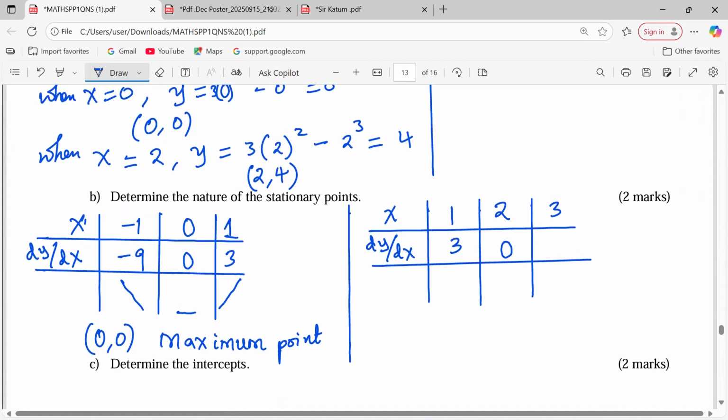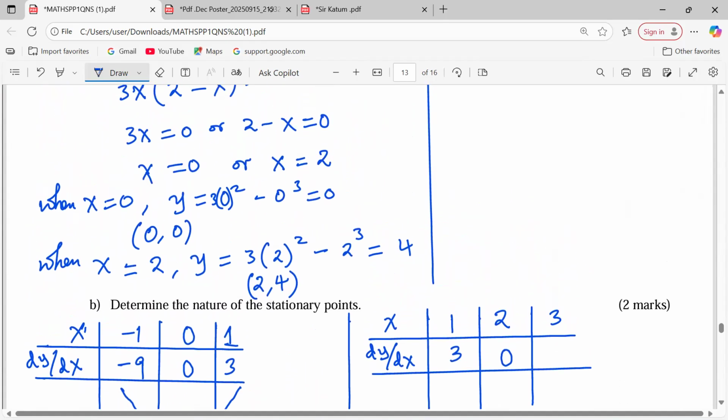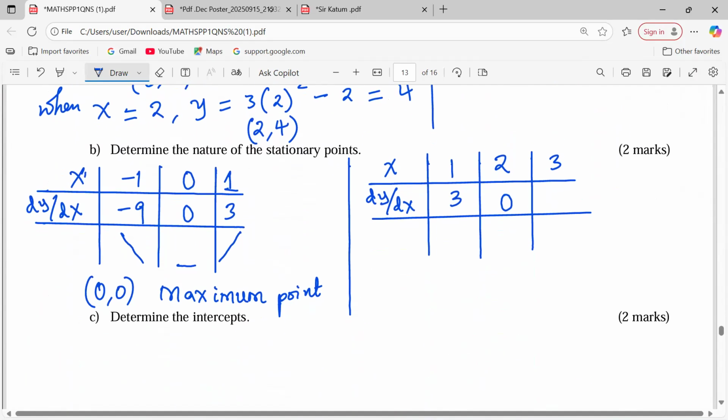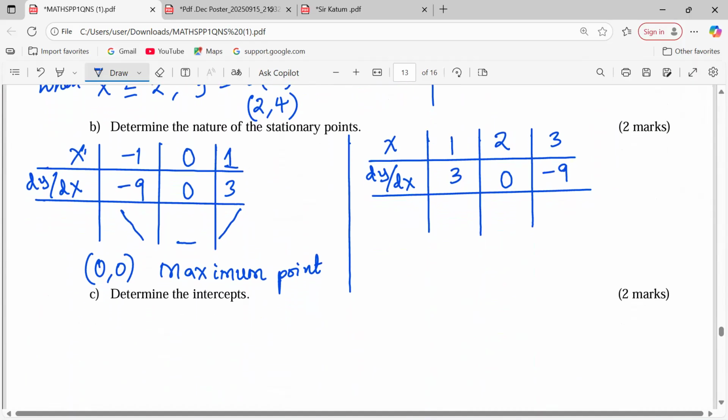What about when x is 3? What will be the value of the gradient? We get back to the gradient function: 6 into 3 minus 3 into 3 squared. This gives us exactly -9. Can we analyze this behavior of the curve?